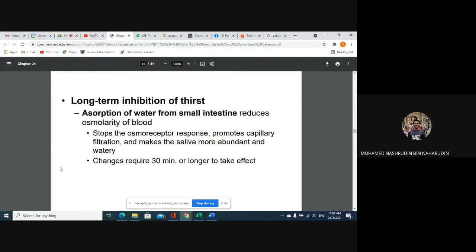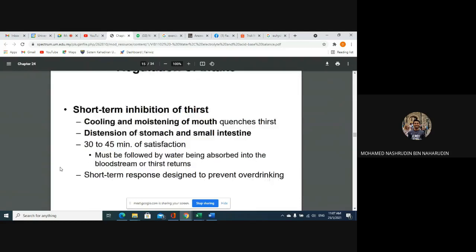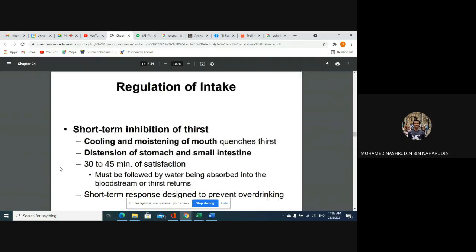That is the long term, and let's look at the short-term inhibition of thirst. The body will inhibit water consumption when there is cooling and moistening of the mouth.